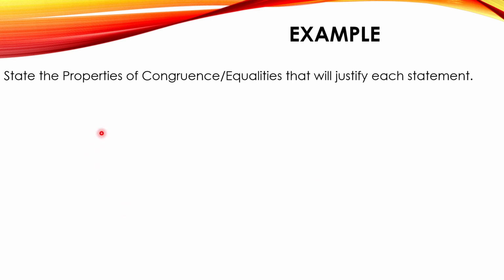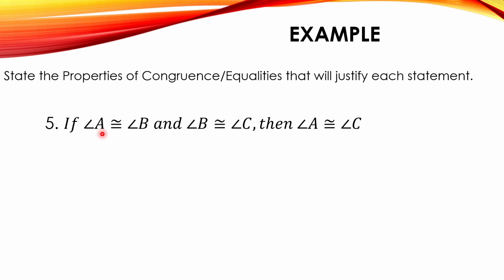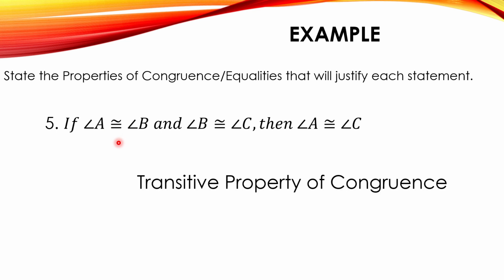And last number, if angle A is congruent to angle B and angle B is congruent to angle C, then angle A is congruent to angle C. Symbol for congruence, so that is the properties of congruence. Therefore, yes, the transitive property of congruence.